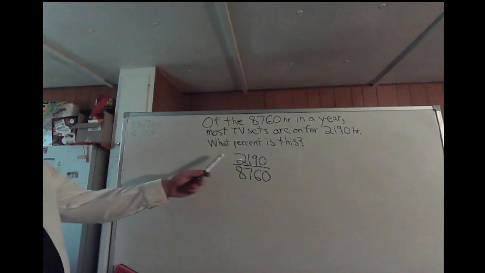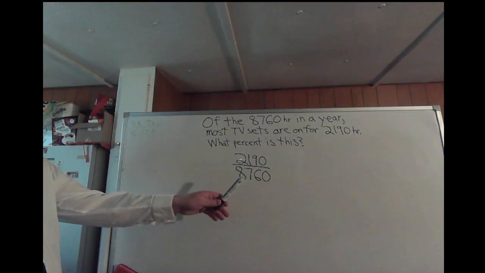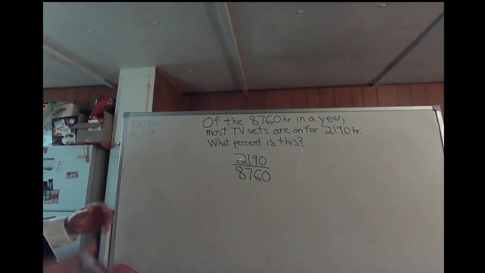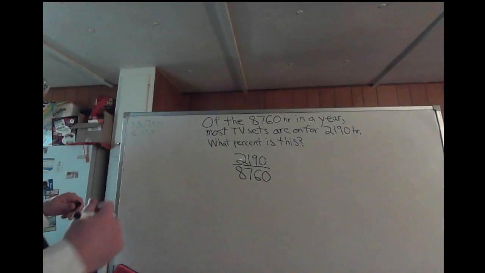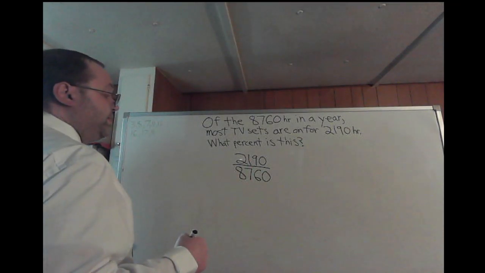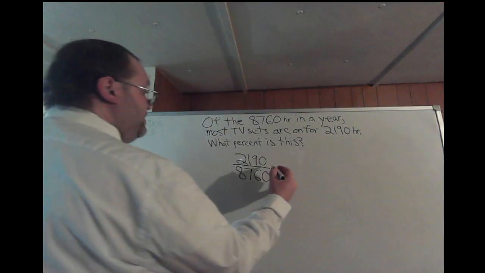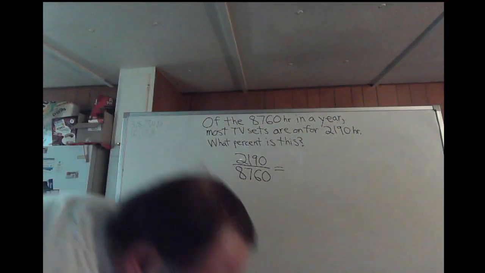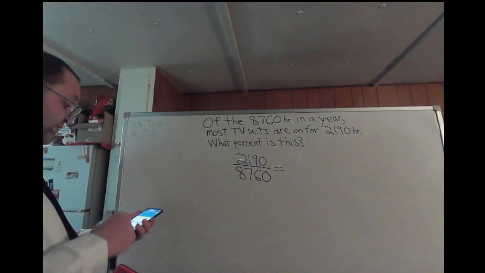If it were of, it'd be multiplication, but out of means division. Of is multiplication, out of is division. So that 2,190 is going to be the numerator. So now we'll simply take the numerator and denominator and perform some division here.